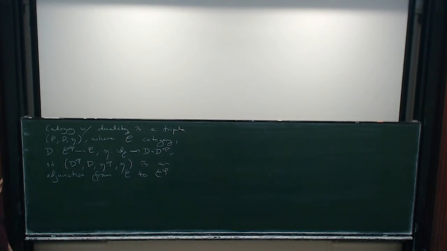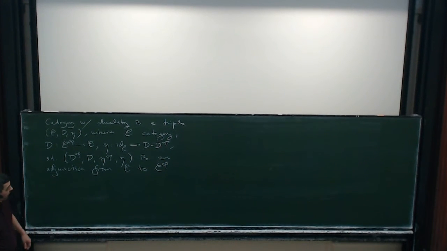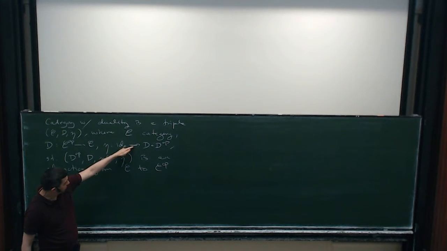So in other words, a category with duality is a category and an adjunction from it to its opposite category, such that the adjunction is equal to its opposite. Sometimes we want to assume that this is an isomorphism, so then this adjunction is an adjoint equivalence.